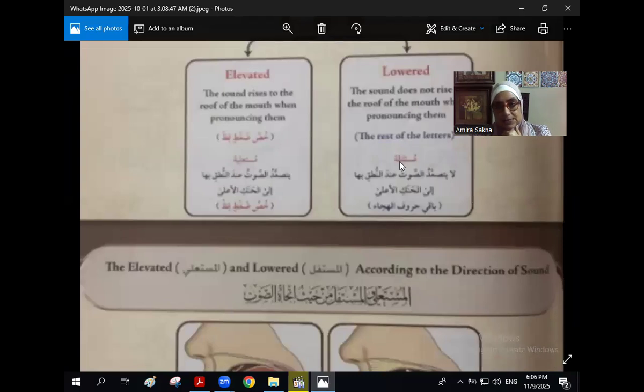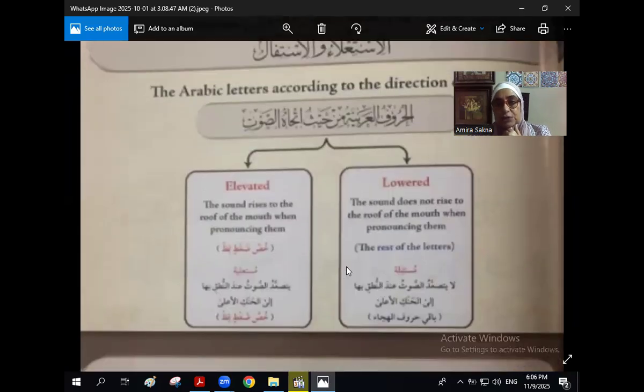My dear sisters, when I talk about elevation and lowering, we are talking about the direction of the sound. Kindly pay attention. We are talking about the direction of the sound of the Arabic letter.